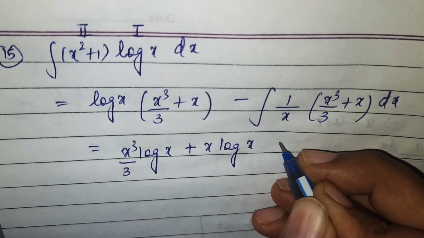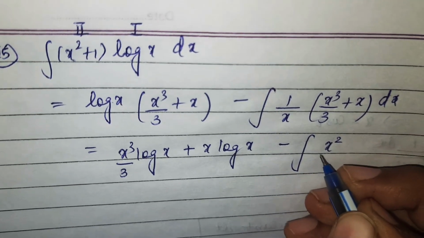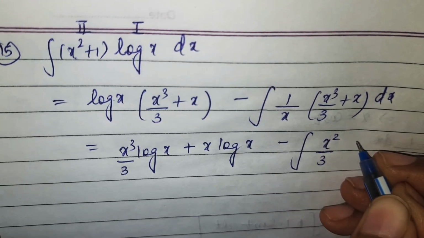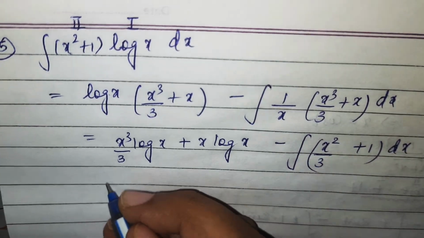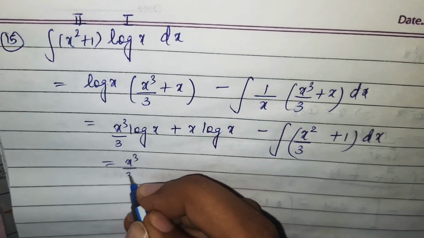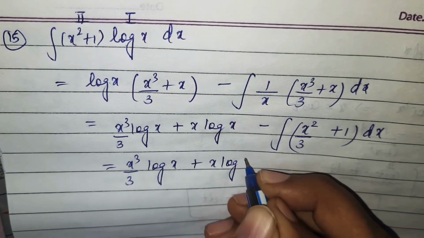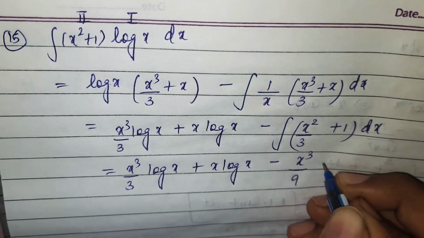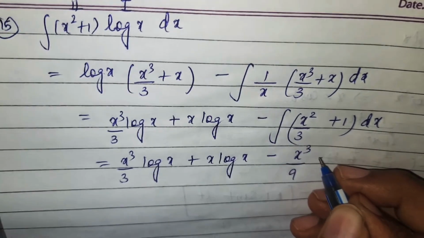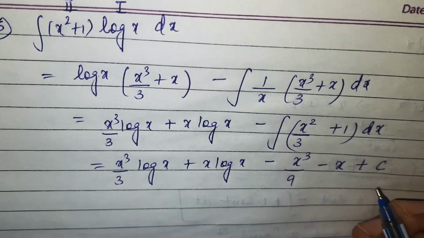This is your x square by 3, and this is x by x, which will be 1. So you will be getting x cube by 3 log x plus x log x, and integration is minus x cube by 9, and this is your minus x plus c.